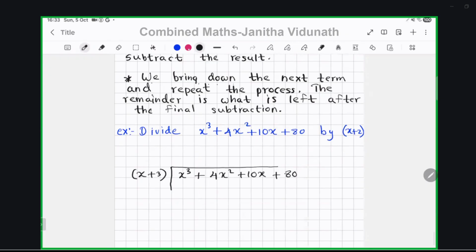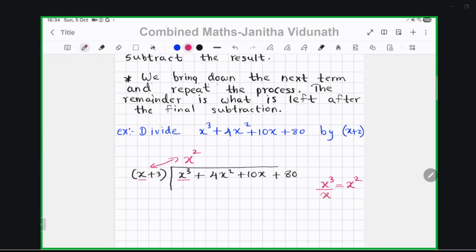First, we compare the leading terms of both and divide them. X cube over x will give the result x square. Then we put that as the first term of the quotient. Then we multiply that term with the entire divisor.